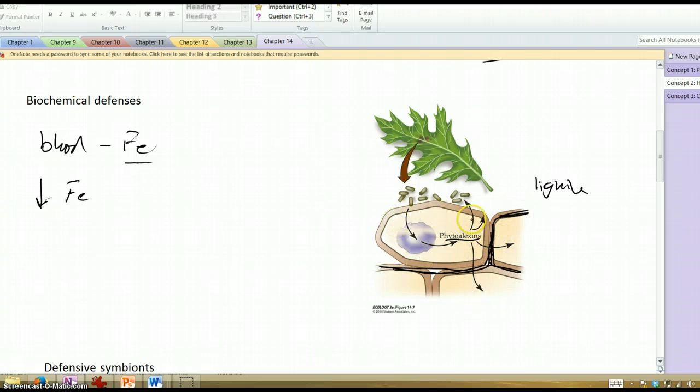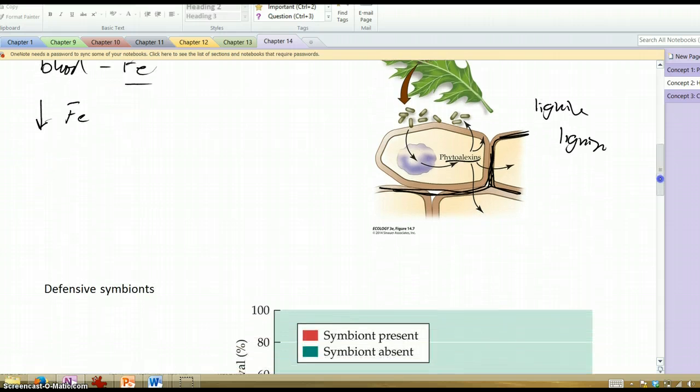So it isolates the infected cell, and they sort of say, okay, that cell's done for, but let's keep the other cells from being infected. That was lignin. So indeed, biochemical defenses can be used.